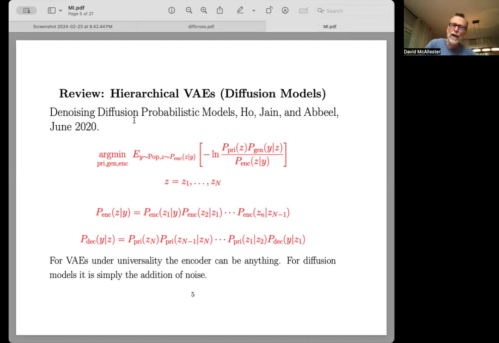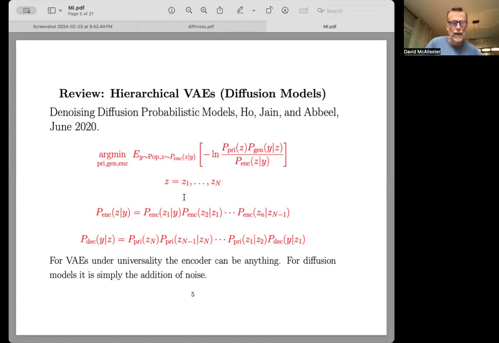So a diffusion model is a special case of a variational autoencoder where the latent variable is a sequence. In a diffusion model, it's a sequence of ever noisier images until ZN is pure noise. And the decoder is going to take this sequence, remember Z is a sequence, and it's going to decode it.